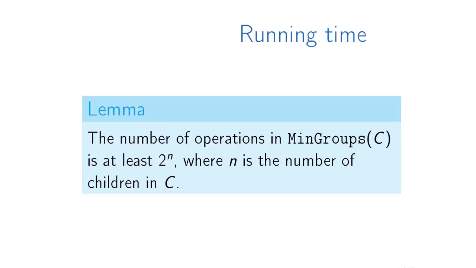Now let us estimate the running time of this algorithm. And I state that the number of operations that this algorithm makes is at least 2 to the power of n, where n is the number of children in C. Actually, this algorithm works much slower and makes much more operations than 2 to the power of n. But we will just prove this lower bound to show that this algorithm is very slow.